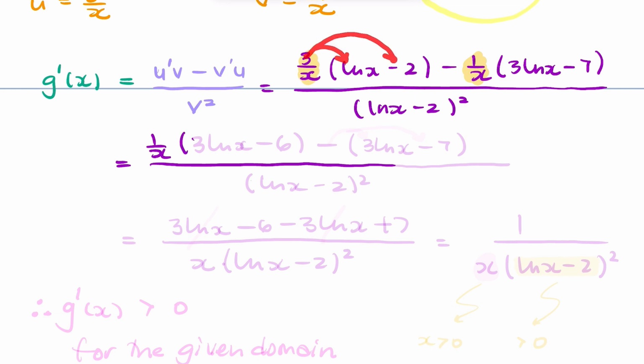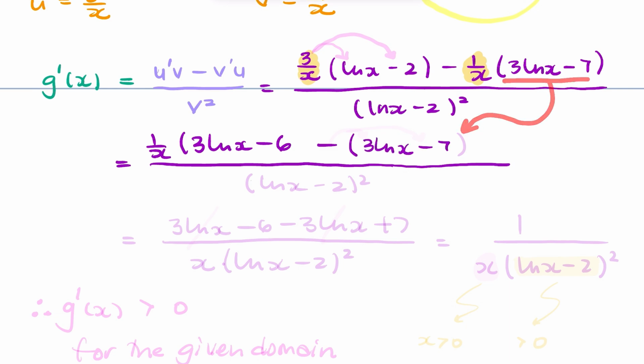So that's 3 ln x minus 6. All I did was multiply the 3 by both of those terms, minus 3 ln x minus 7. And again, if you multiply minus 1 times both of those, it should simplify.